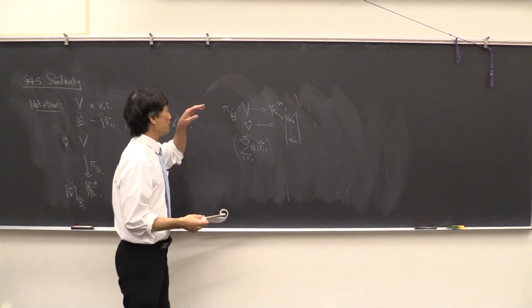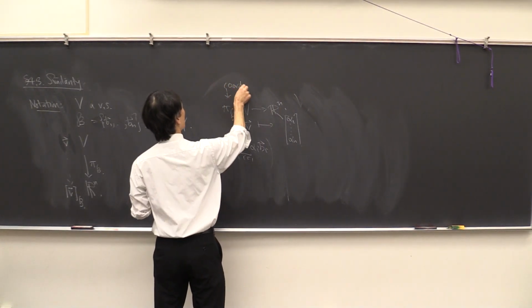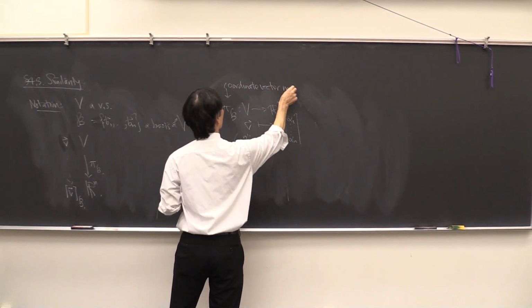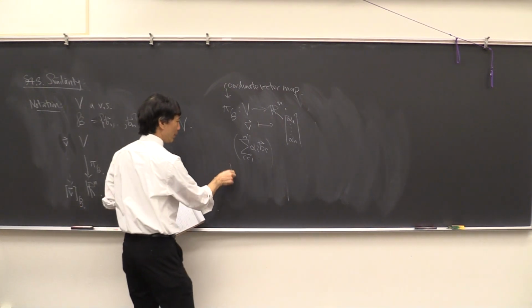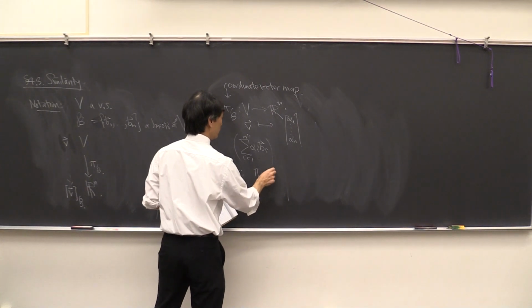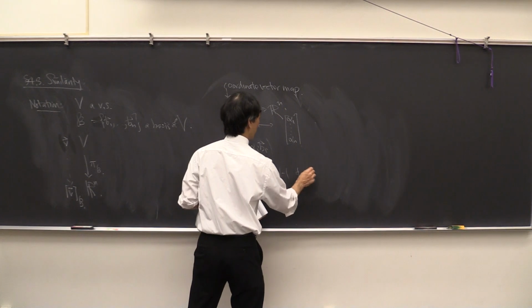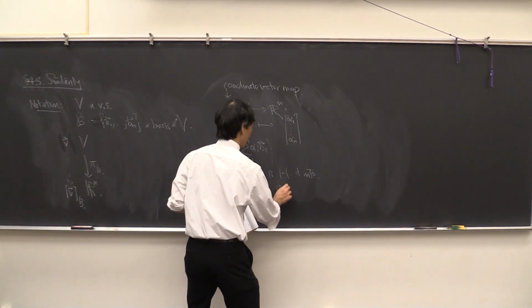So this is the coordinate vector map. And remember that this map is one-to-one and onto. In other words, it's an isomorphism.